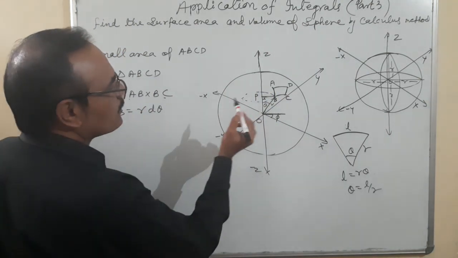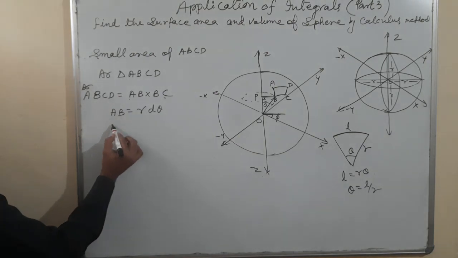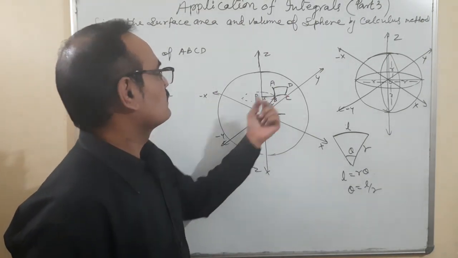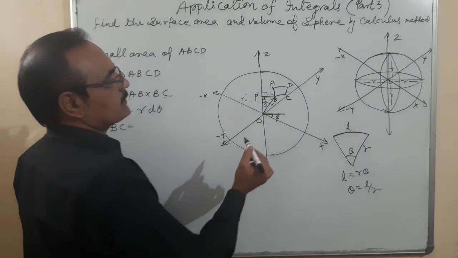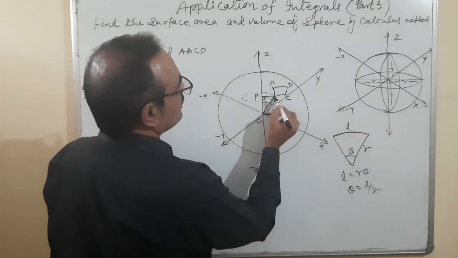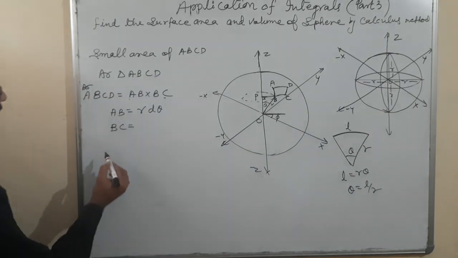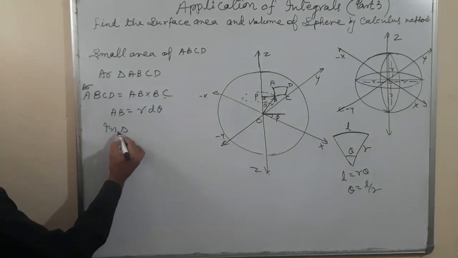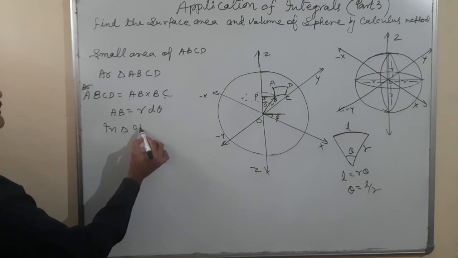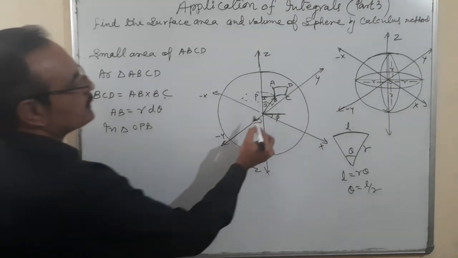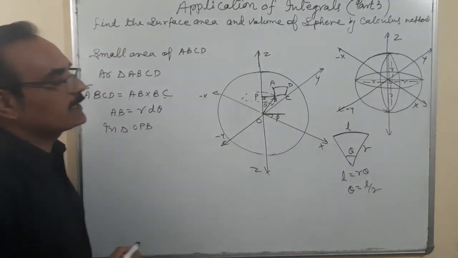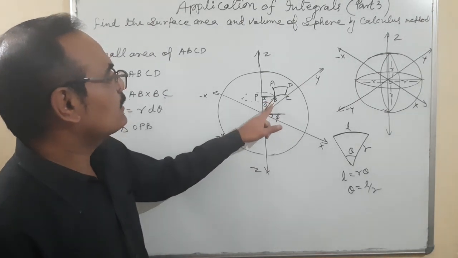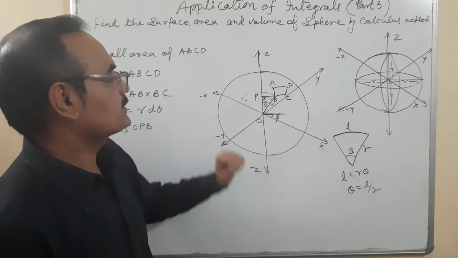For finding the value of BC, let us consider one thing. What is the value of PB in triangle OPB? In triangle OPB, since it is a right angle triangle, this is theta, its opposite side is the perpendicular, hypotenuse, and it is the base.